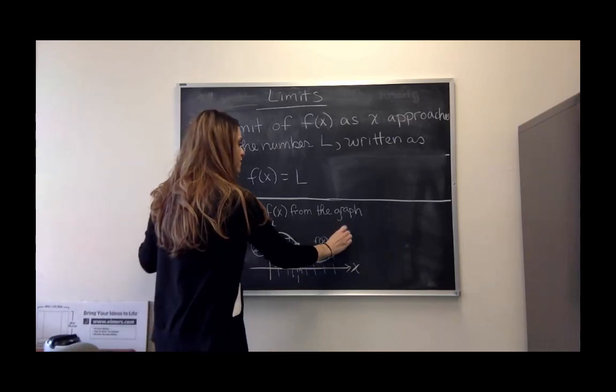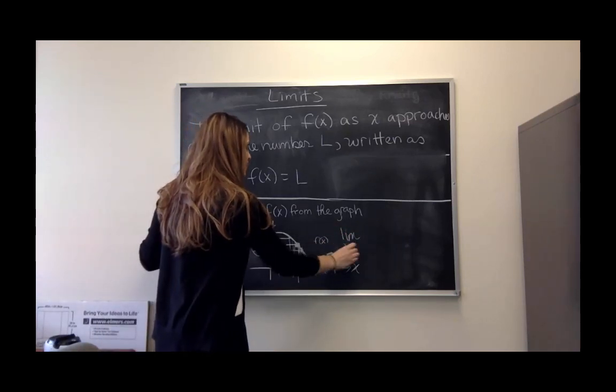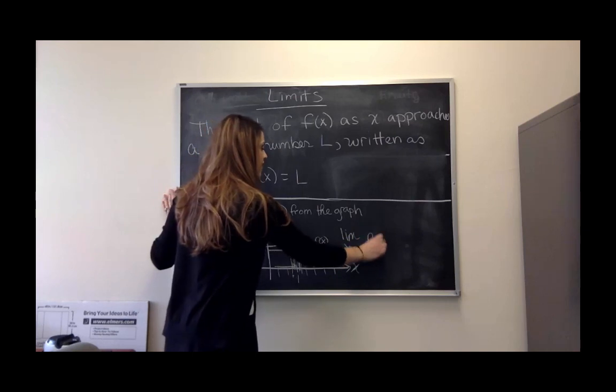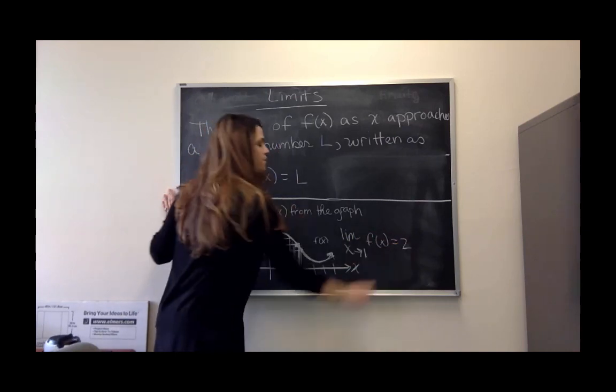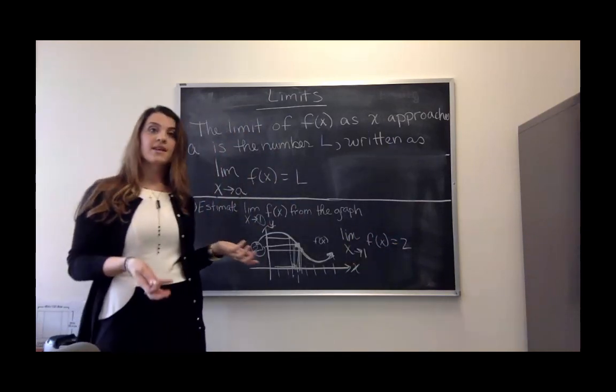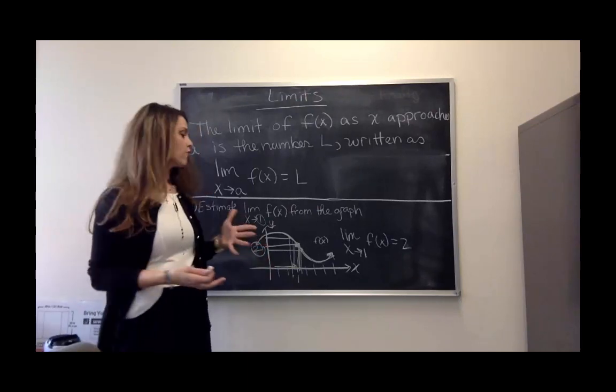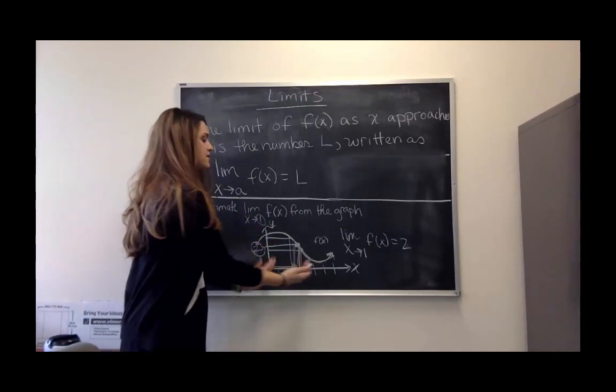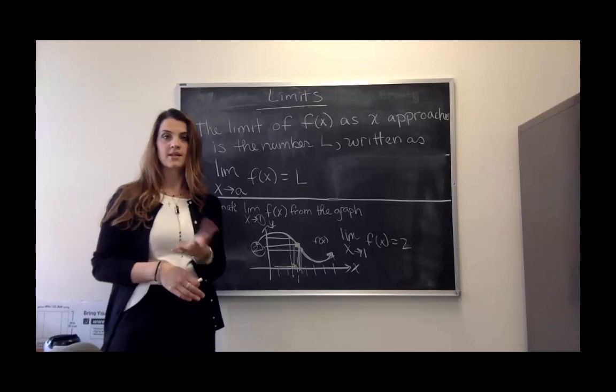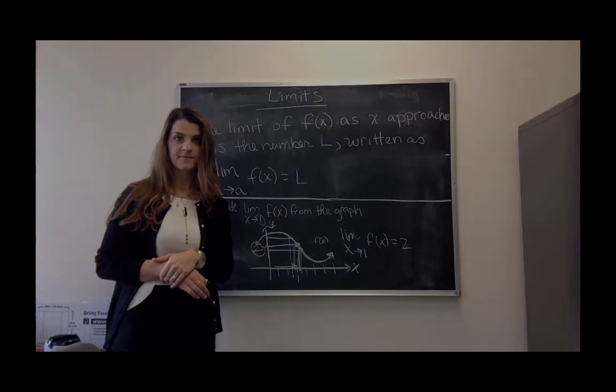Therefore, from this picture, we can say the limit as x approaches 1 of f of x is 2. We will look at more examples of limits graphically from both the left and the right side of the x value in some upcoming examples.